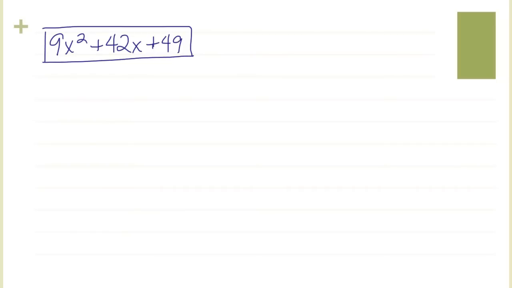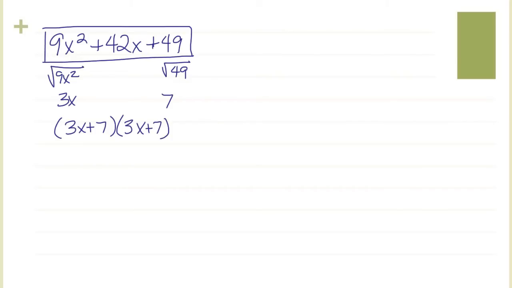And I could start listing A and B and C, but if I already notice that 9x squared is a perfect square, and I can take its square root, and this is a perfect square, and I did already check there's no greatest common factors, then I don't even have to think about A and B and C. So I don't have to multiply 9 times 49 and figure out all the factors of that. I can just write 3x plus 7 twice.